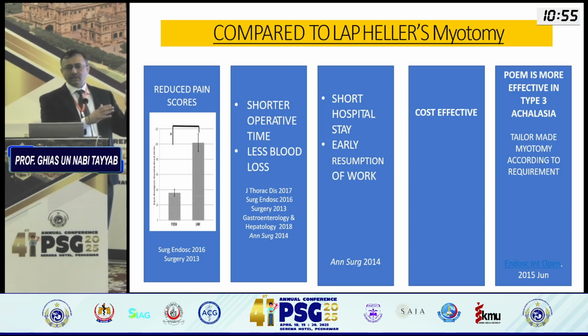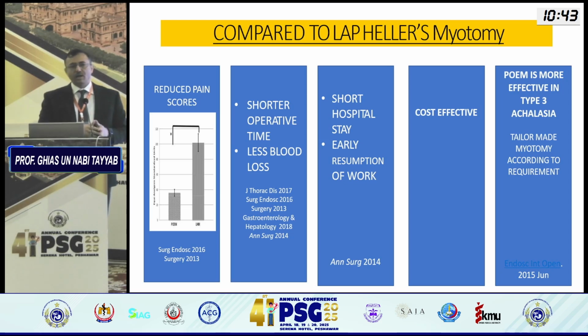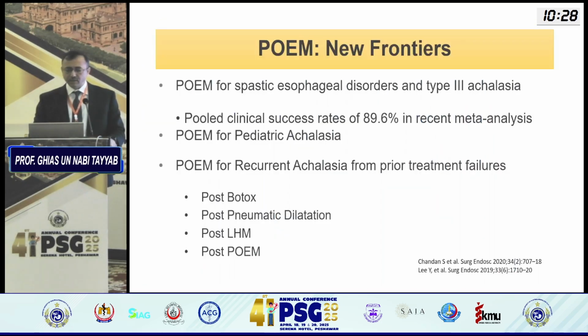So in all those cases, especially type 2 achalasia and type 3 achalasia, we can have a longer length of muscle cutting, and the technical success and the clinical success rate improve. Since the patient doesn't have to stay for long, and doesn't develop the complications that come with laparoscopic Heller's myotomy, it becomes definitely cost effective. And in type 3 achalasia, definitely it is better.